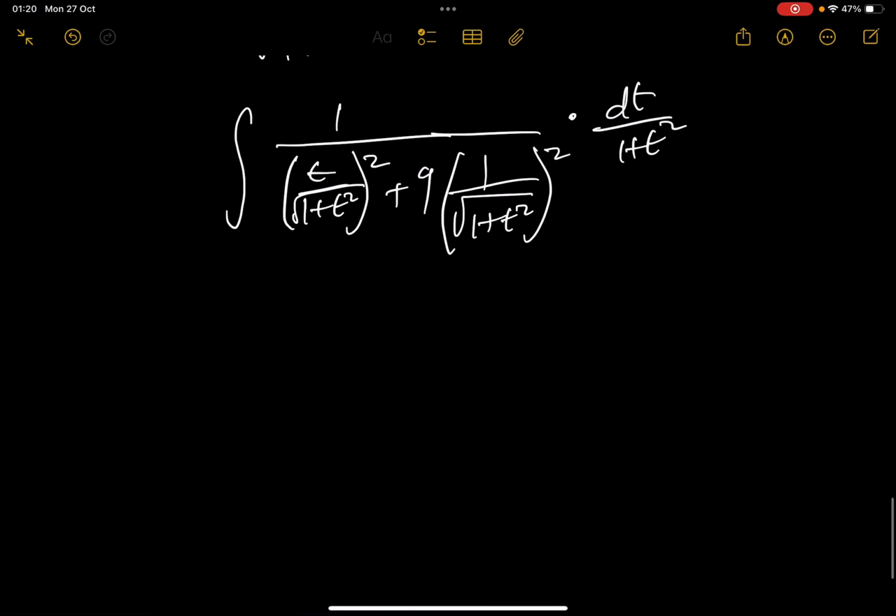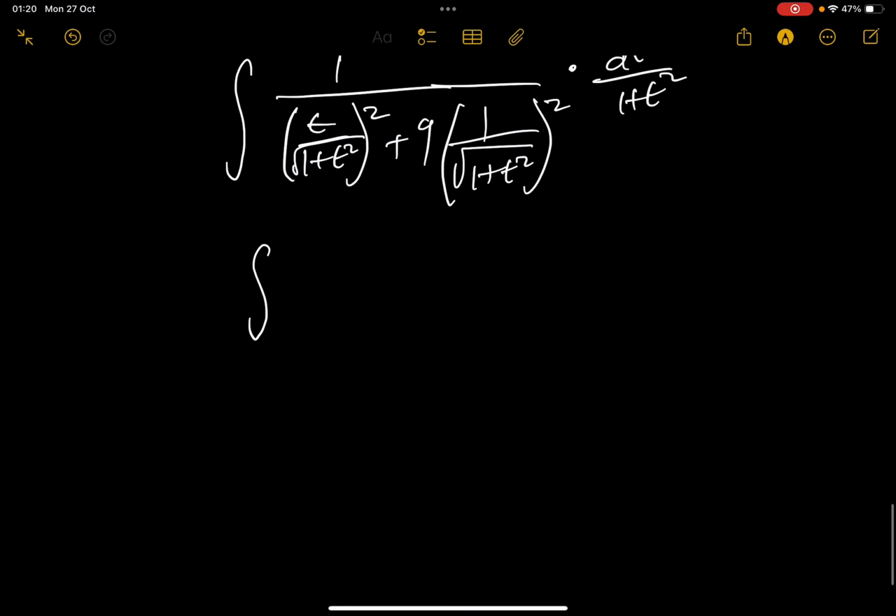From here, if we simplify this, we are going to have the integral of 1 over t squared over 1 plus t squared, because the square with the root is going to cancel, plus 9 over 1 plus t squared.